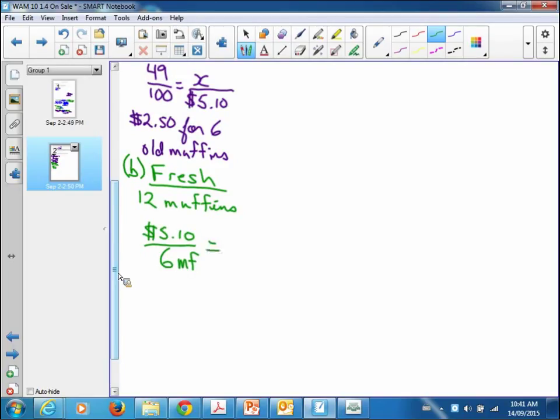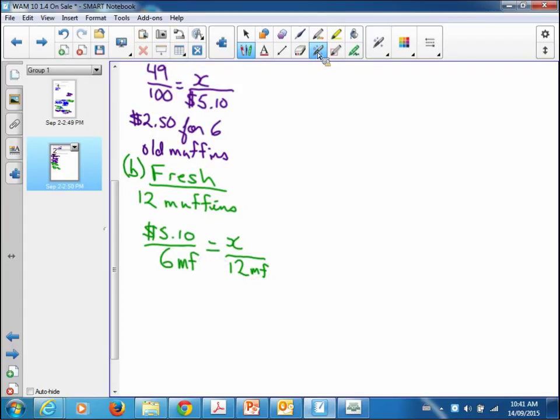Equal to, I want more than that though, I want 12 muffins. So I'm going to put X dollars out of 12 muffins. And the reason why I'm using the MF on the bottom here and here is so that I know they match up. Muffins are on the bottom on the left, they're on the bottom on the right. The price will be on the top if you solve that.